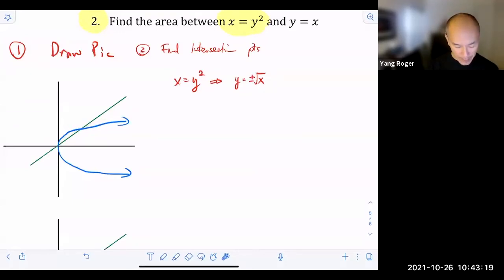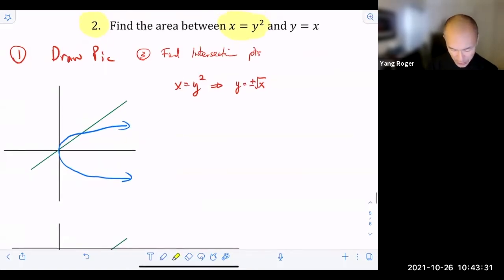So I'm going to ignore the negative one and just keep the positive one. I want to figure out what the intersection point right here is, so I'm going to set my two functions equal to each other. One part is rad x, and the other part is just equal to x.